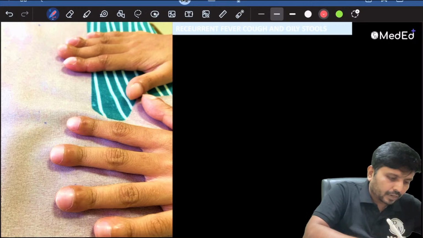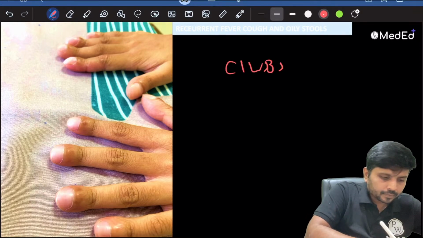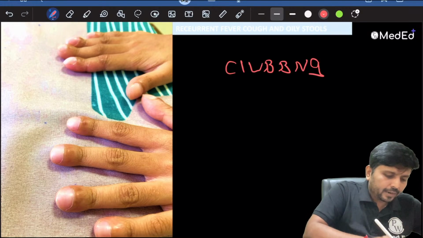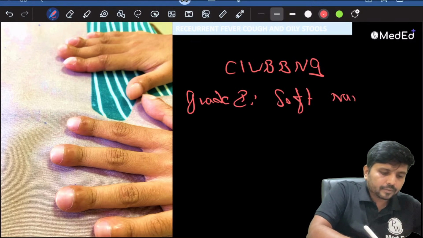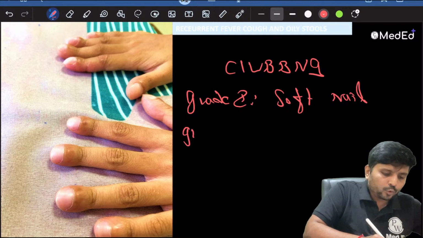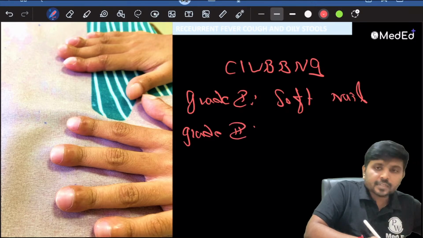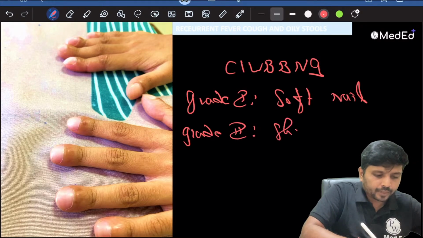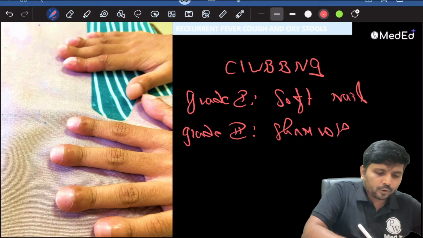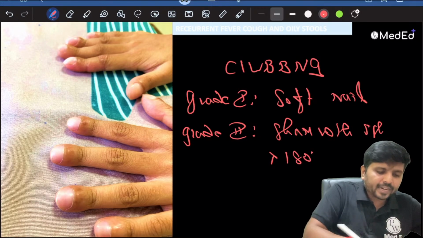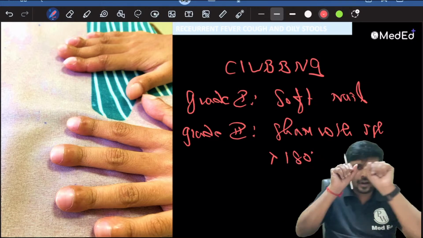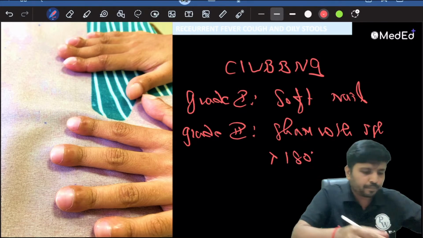What is this? Clubbing. Clubbing grade 1 means softening of nail bed. What is grade 2? Grade 2 is Shamroth sign, or low V bond angle more than 180 degree, or loss of diamond space.